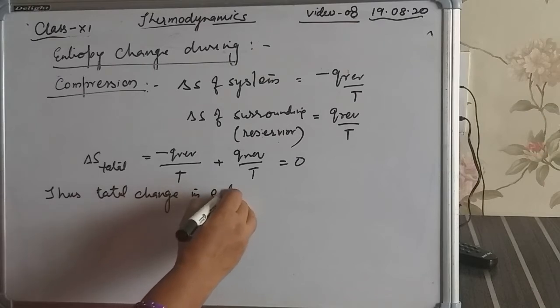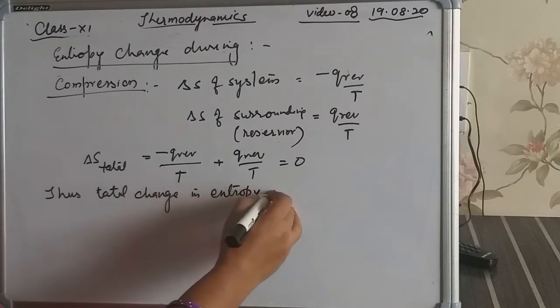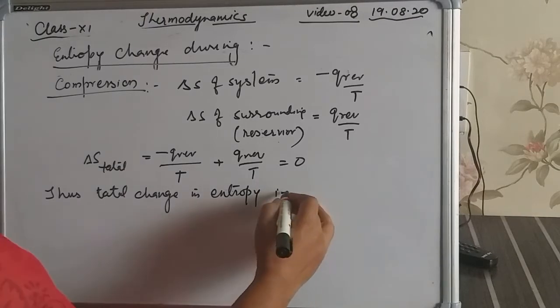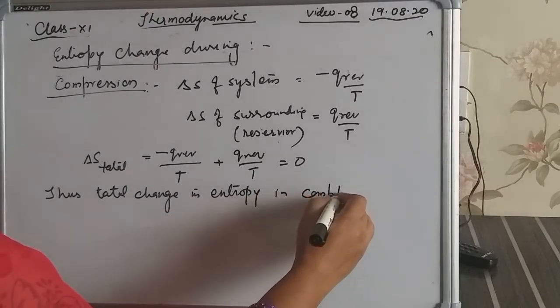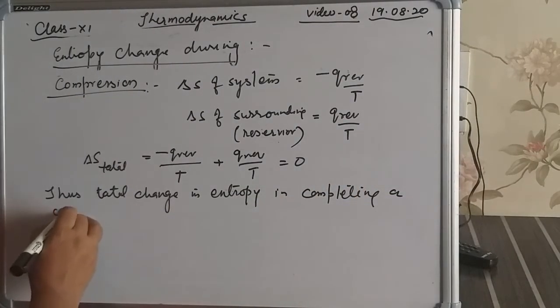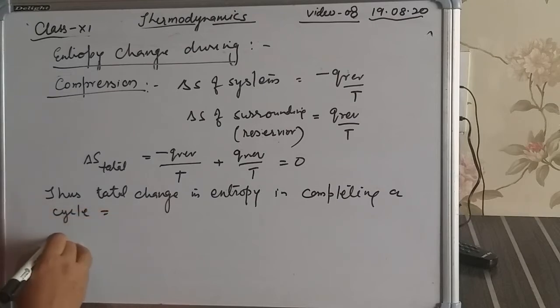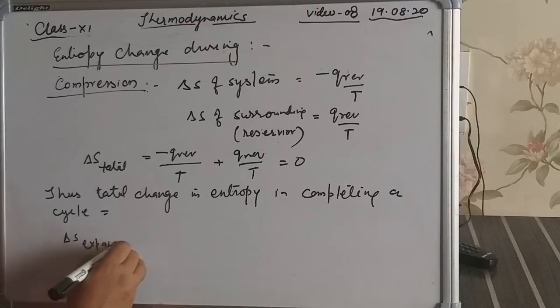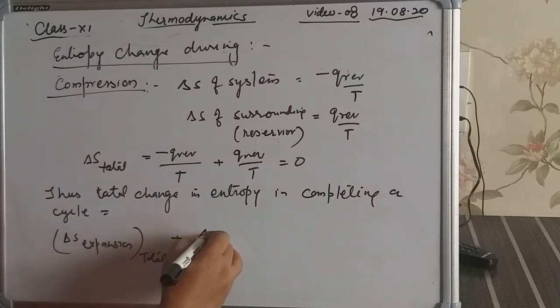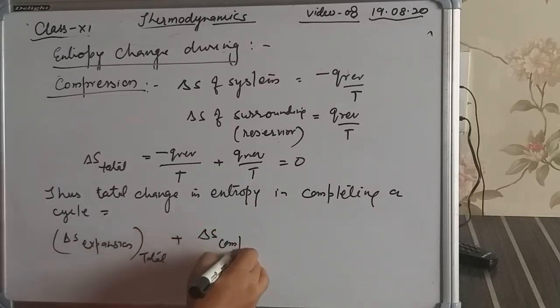Thus the total change in entropy in completing a cycle equals the total entropy change in expansion plus the total entropy change in compression.